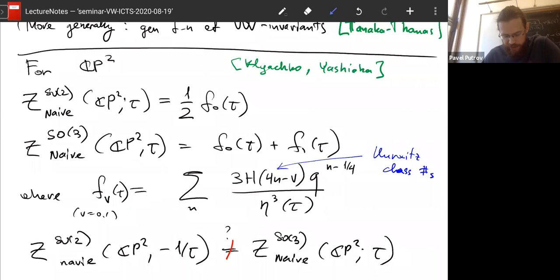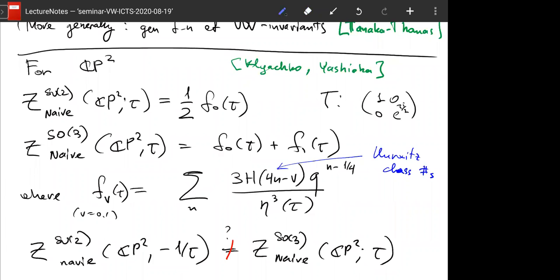So with respect to the T transformation, they just transform as F_V by some sort of matrix and some sort of e to the pi i divided by 2 or something.